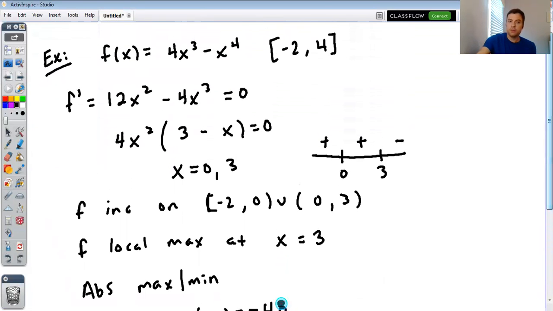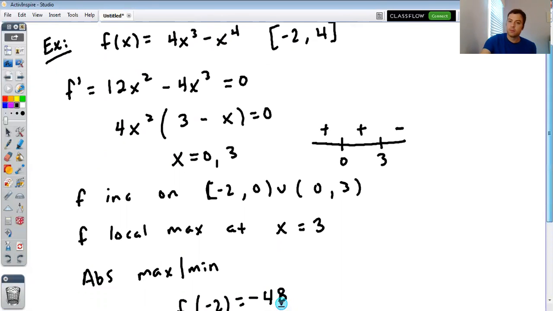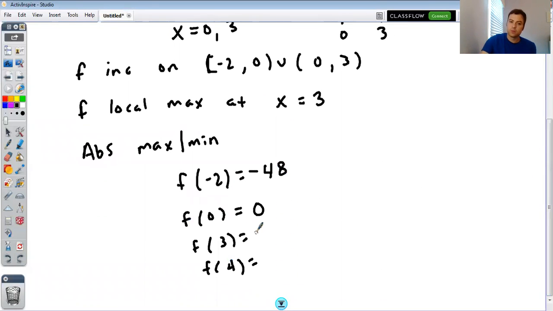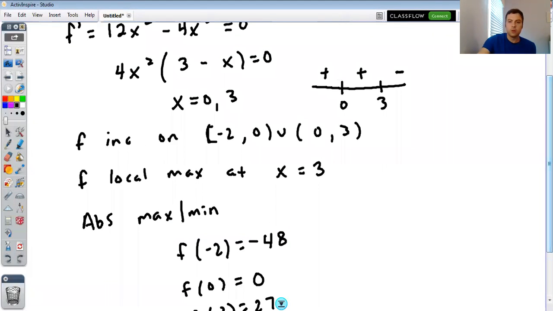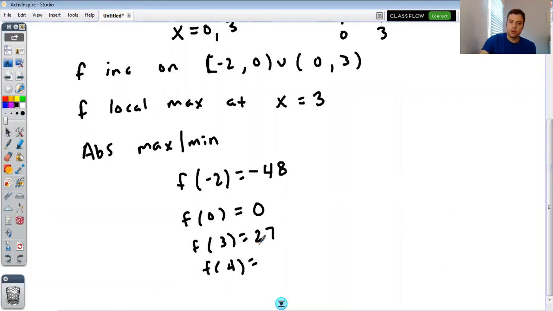F of 3, it's going to be 27 times 4, it's 108. Minus 81, that's 27. And then f of 4 is also 0 when I plug that one in.